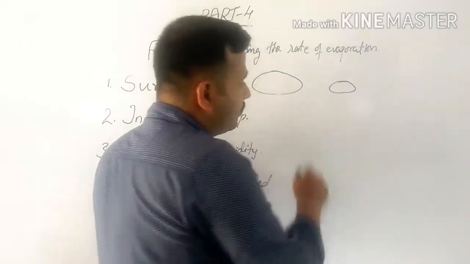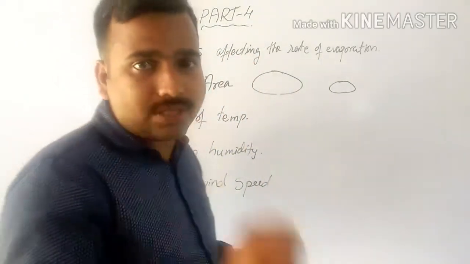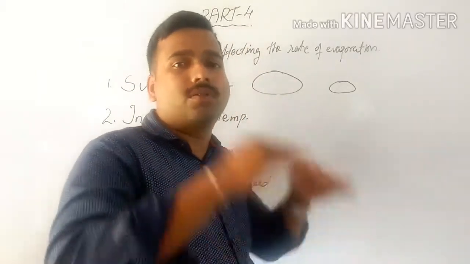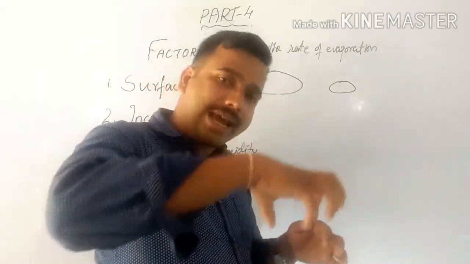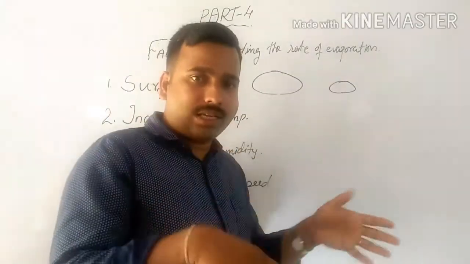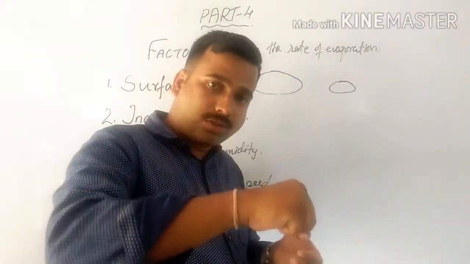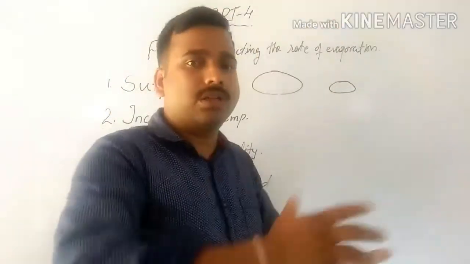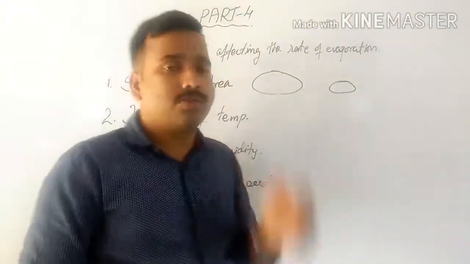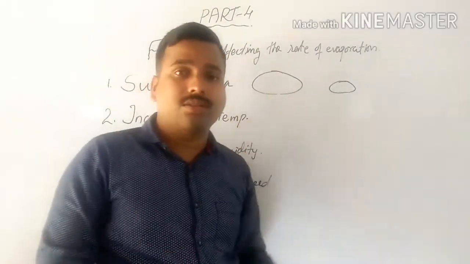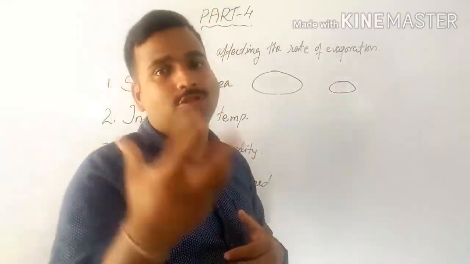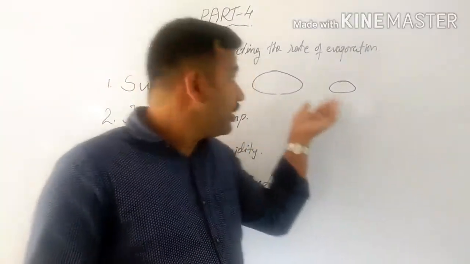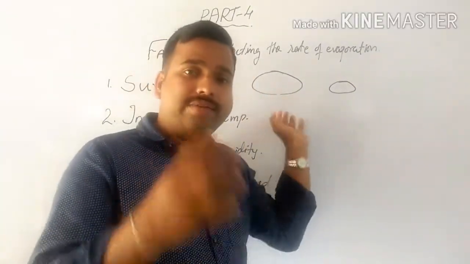The particles of liquid from the surface of the water gain energy from the surroundings as well as from the liquid itself, so as to get evaporated, or converted into the vapor state. So the first one: if we increase the surface area, the rate of evaporation will also increase.